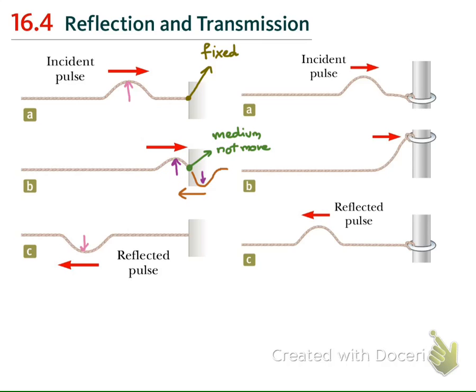So at the end, the imaginary pulse becomes a true pulse, while the incident pulse disappears, but we have this reflected pulse instead with the phase 180 degrees different from the incident pulse. So we have the reflected pulse where the medium moves in the opposite direction to the incident pulse.